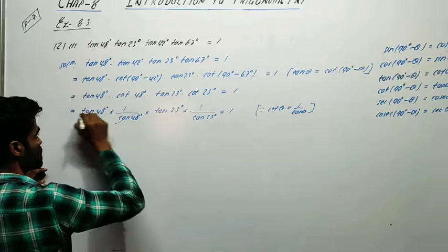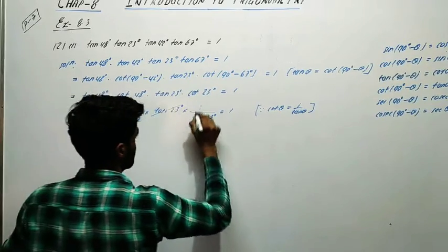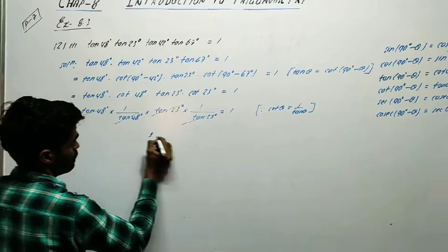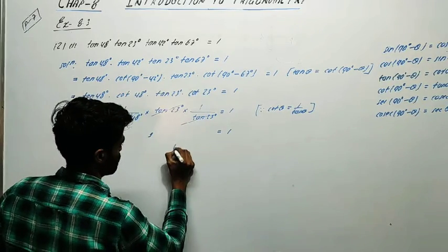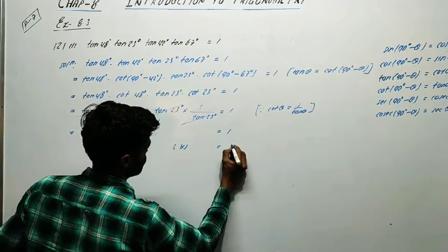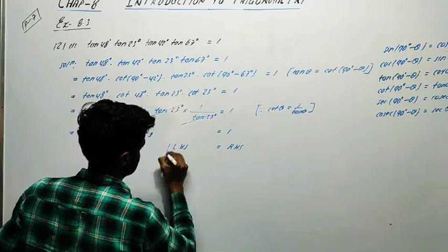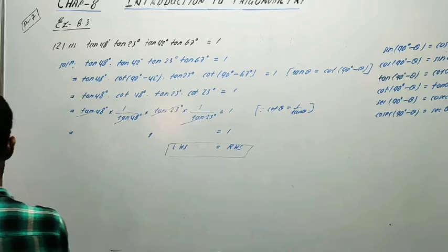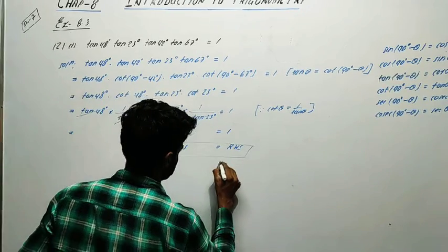So tan 48 cancels out, and tan 23 degree cancels out. 1 is equal to 1, LHS is equal to RHS. Proved.